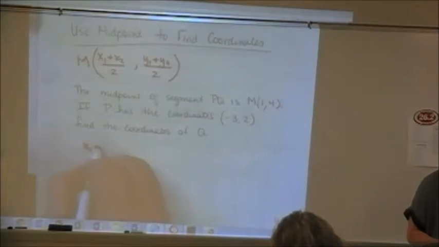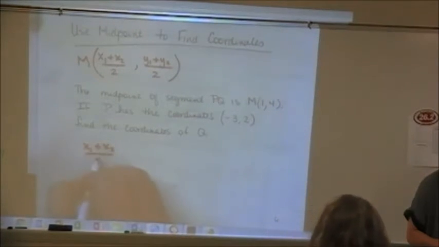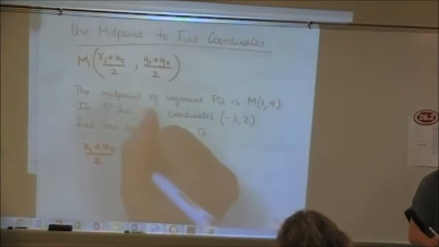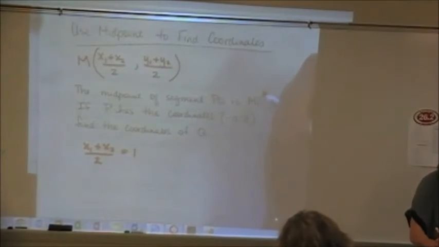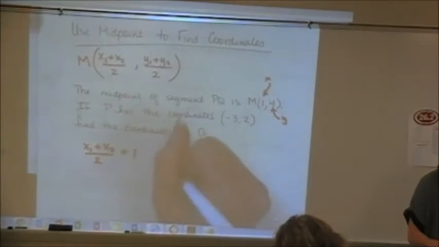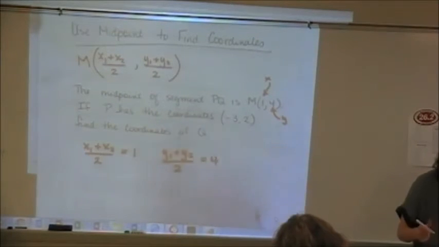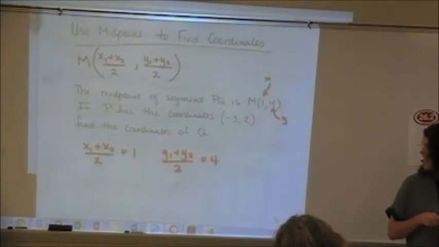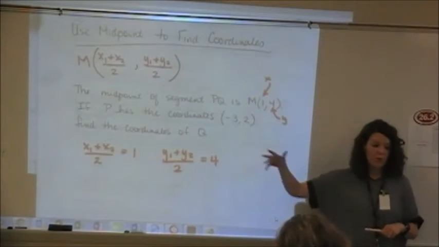So x1 plus x2 over 2 would give me 1, because it gives me the x value. And y1 plus y2 over 2 would give me 4. And they've given me one set of coordinates.